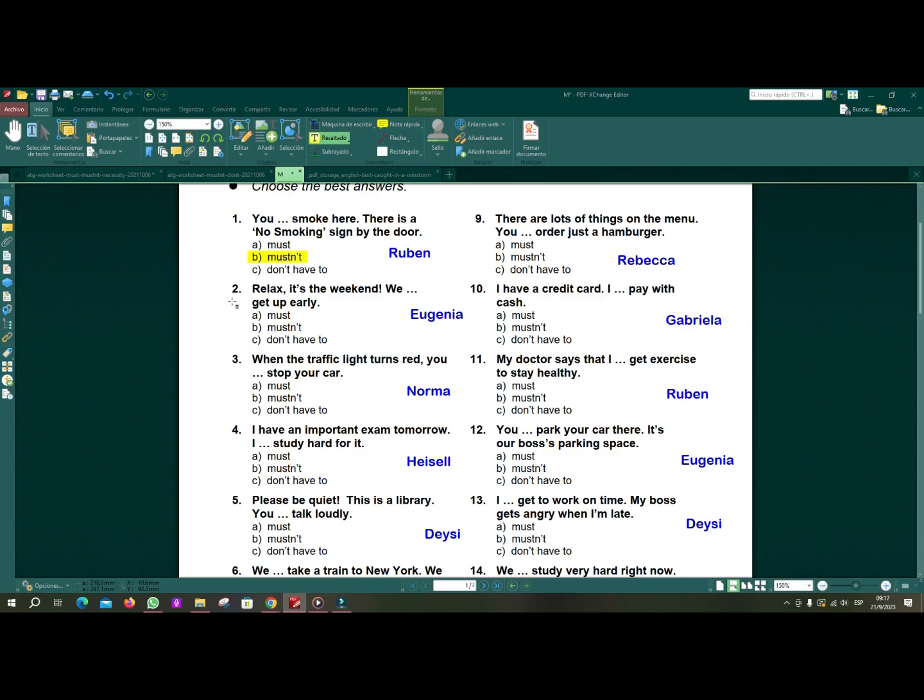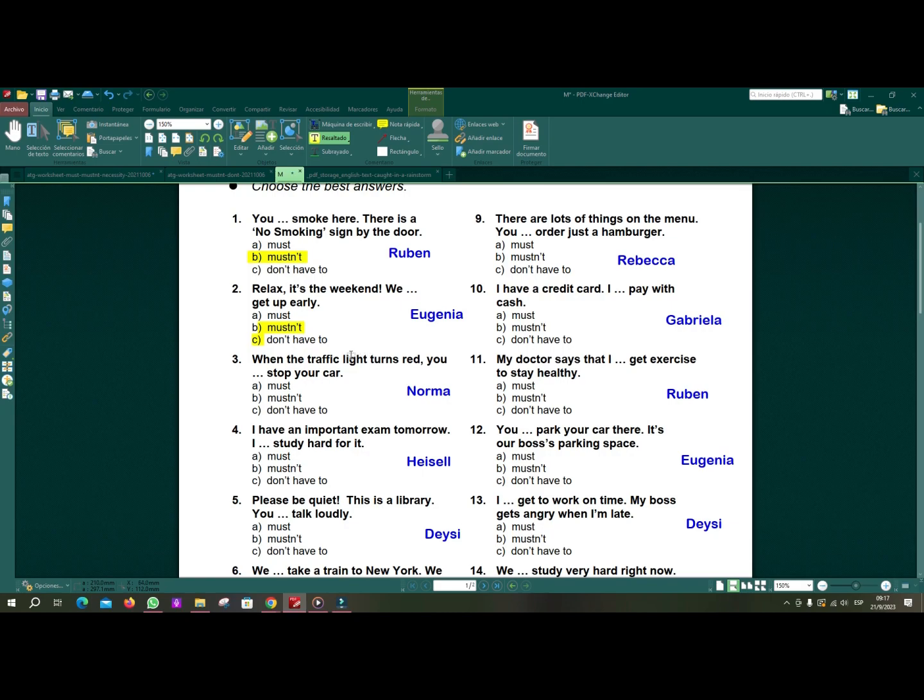Okay, so mustn't. Letter B, right? Here you have two options. We can say mustn't or don't have to. Also, that would be correct. Okay, nice. Thank you, Mr. Ruben. Thank you a lot. What about 3, Miss Norma? Do you have the answer for that one?